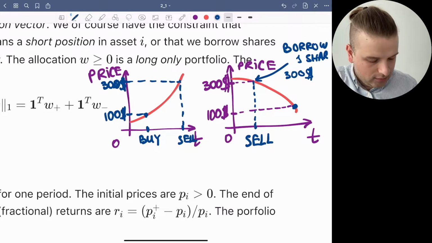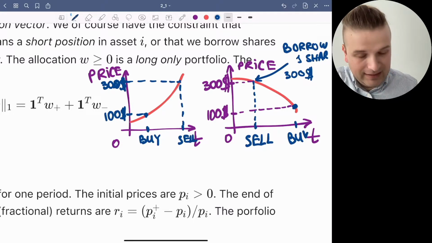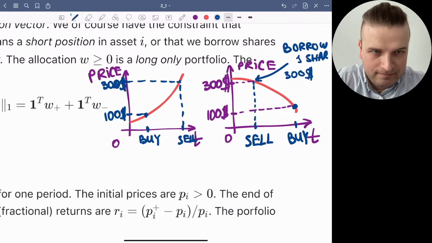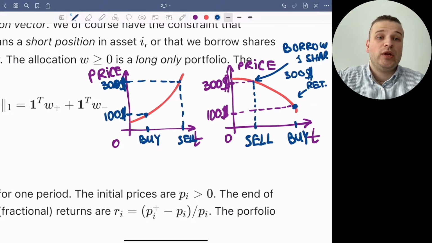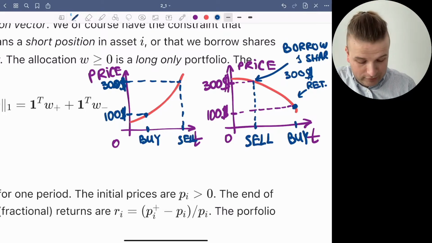But later we buy again this share in order to return it to the broker, right? So here we return the share and we have our $200 left. That's our profit.